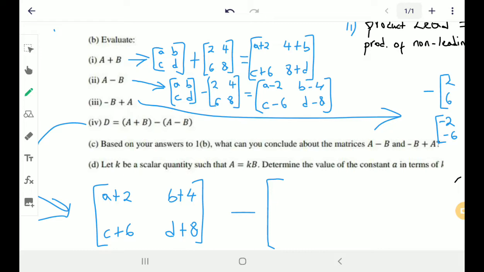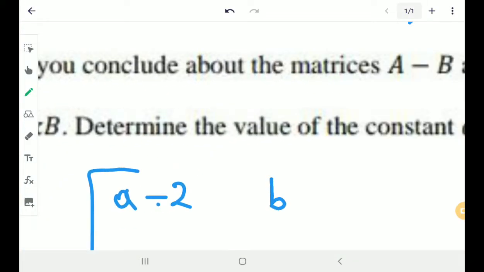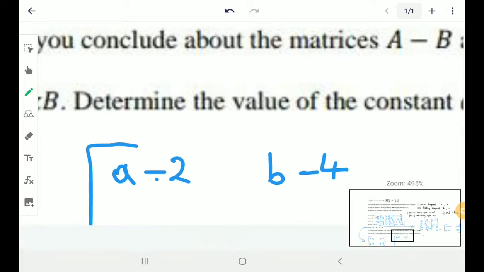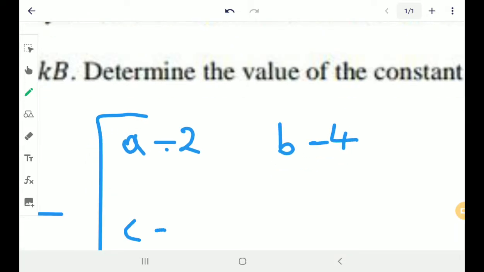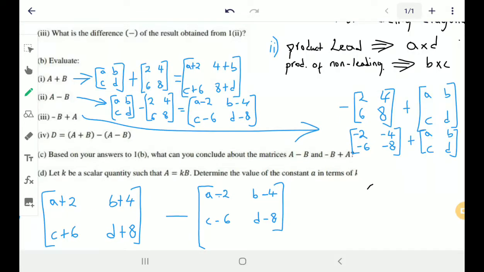We must subtract from that a minus b. And our result was, alright. So that was our result.